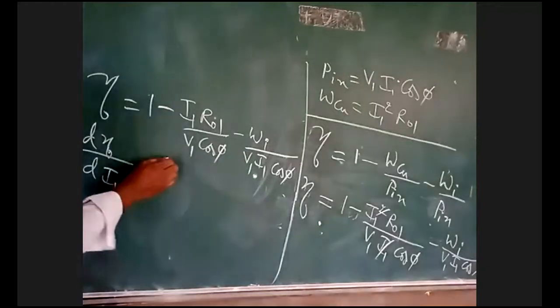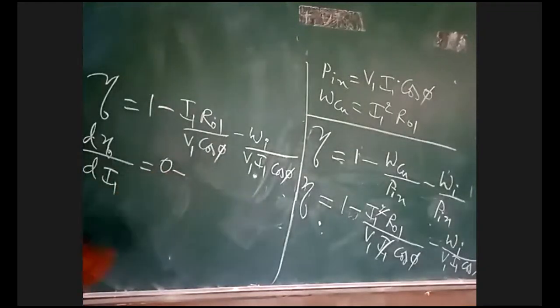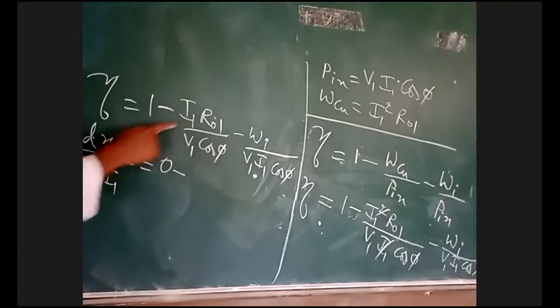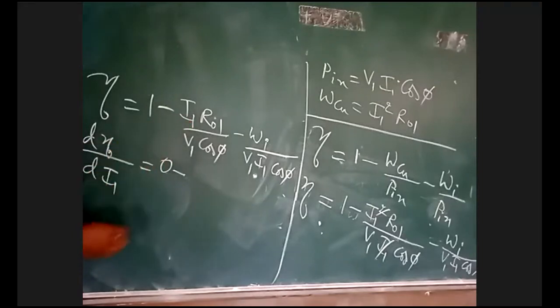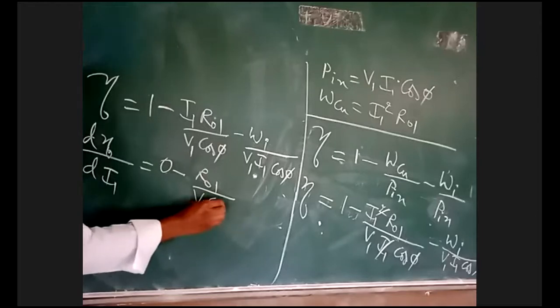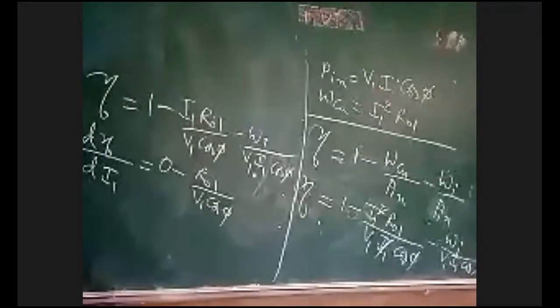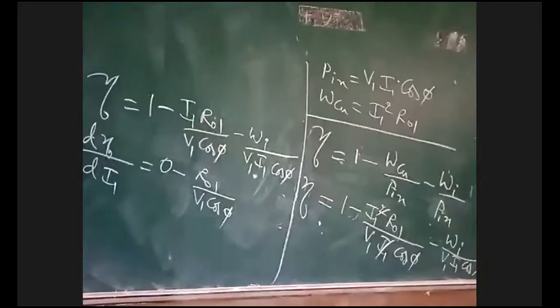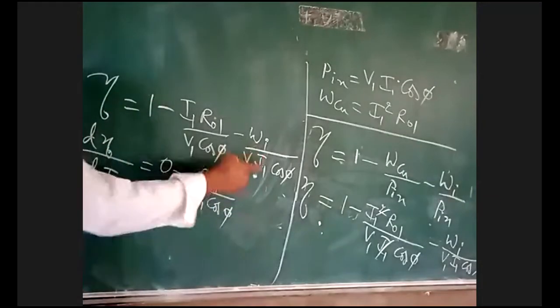Derivative of a constant is 0. Derivative of I1 is 1. What is the derivative of 1 by I1?